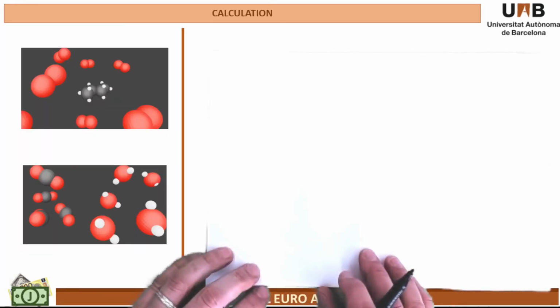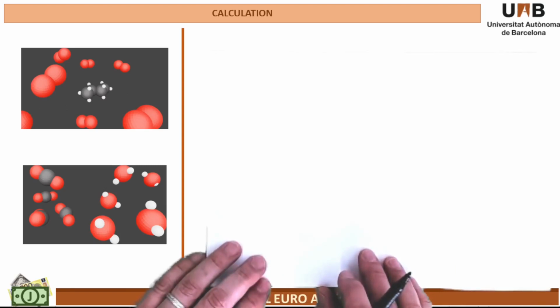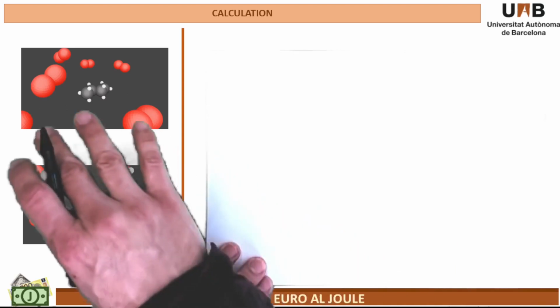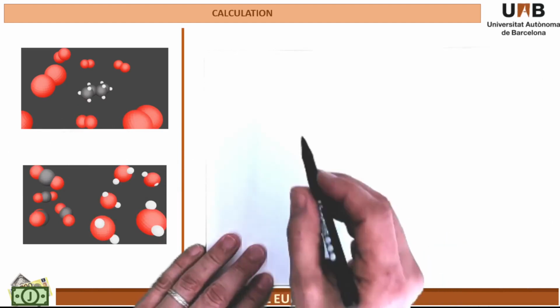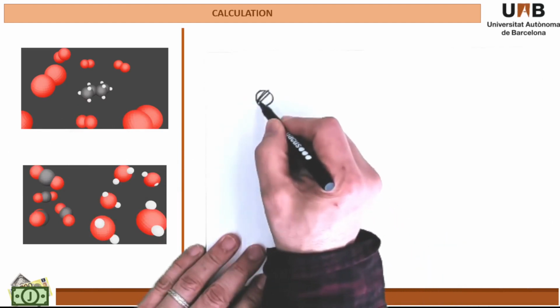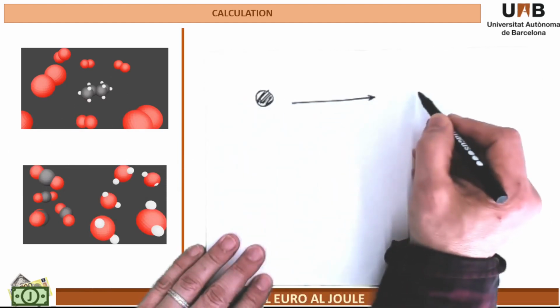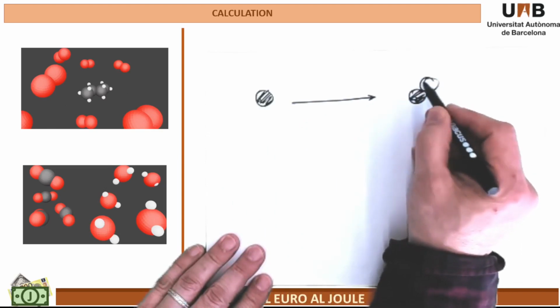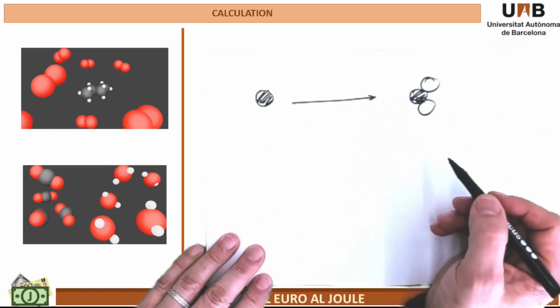In order to know the amount of carbon dioxide that we emit from burning fossil fuel, we have to think that each carbon that I have is converted into a carbon dioxide molecule.